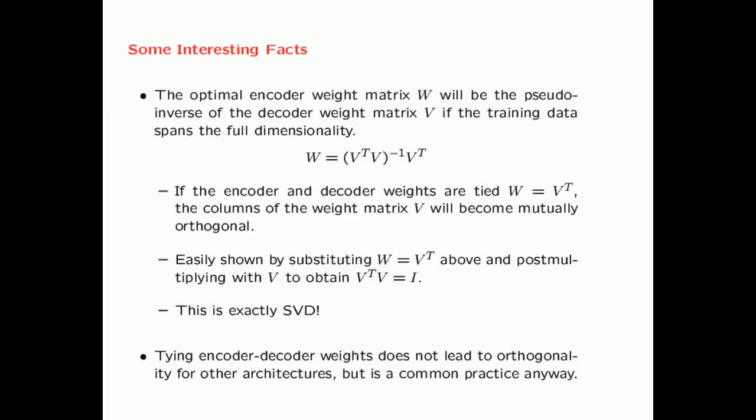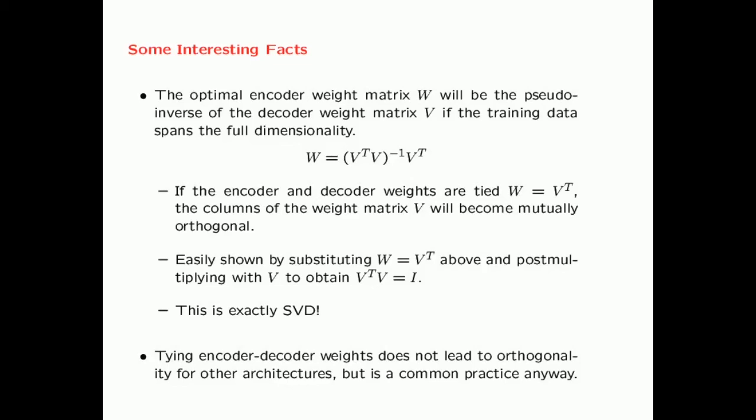Now, one of the things that you can show is that if you enforce a constraint on the encoder weights, that means if you tie the encoder weights, W equal to V transpose, then the columns of the weight matrix V will become mutually orthogonal. This is fairly easy to show.